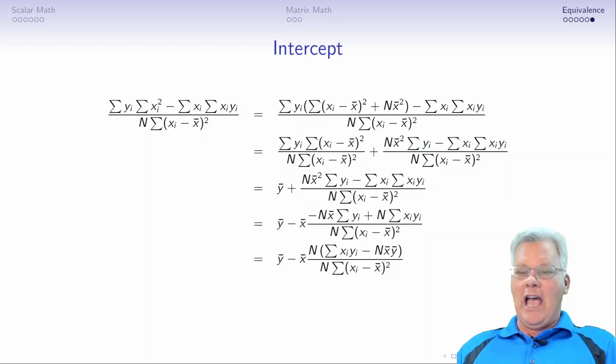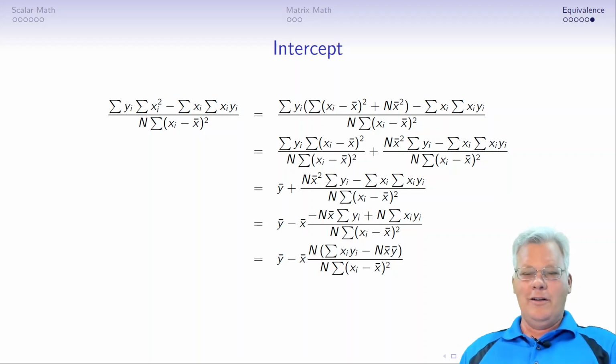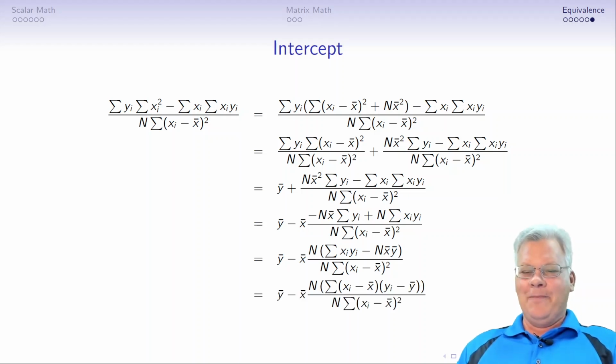And then, you see, I apply a result from a couple slides back. I can rearrange that expression now as the sum of xi yi minus n x bar y bar, right? And we're getting closer yet.